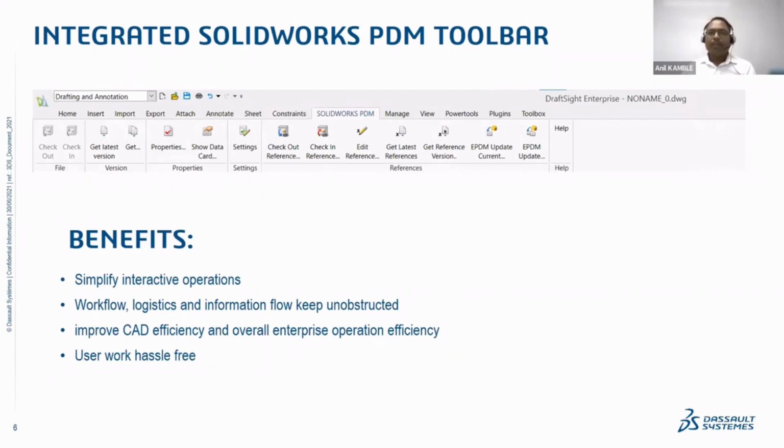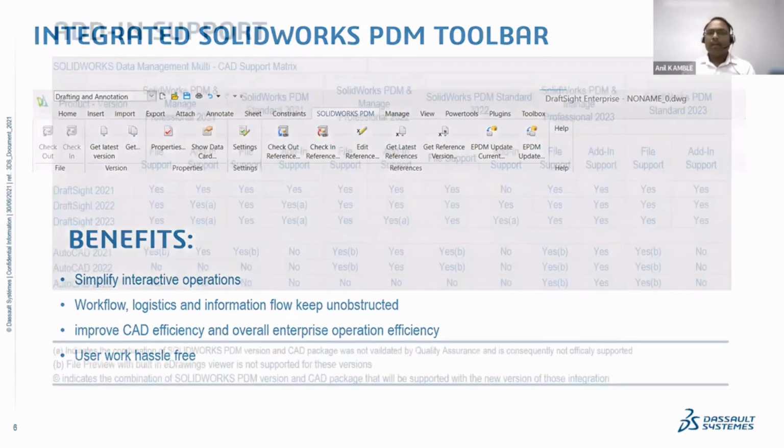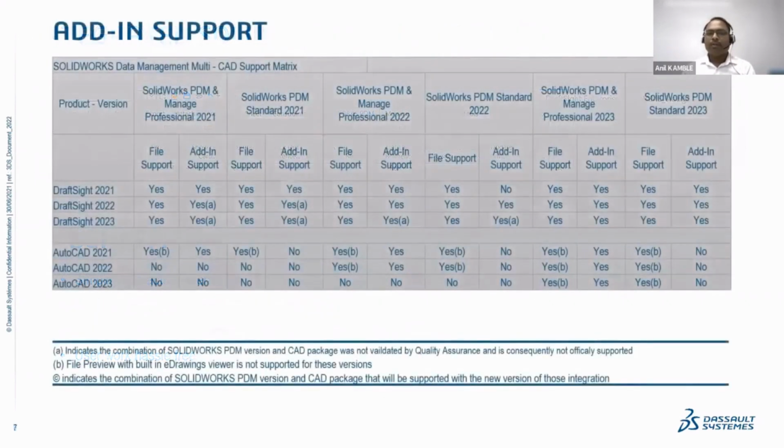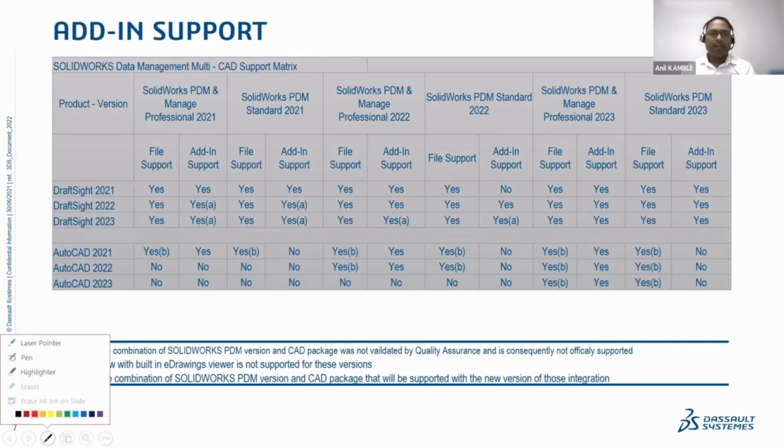Now let me take a deep dive and show you the SolidWorks data management multi-CAD support matrix. I have taken the product versions SolidWorks PDM Manage and Professional from 2021 to 2023, and the products I have taken are DraftSight and AutoCAD itself.